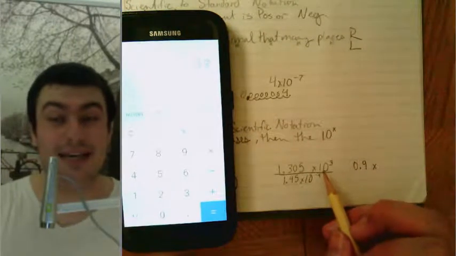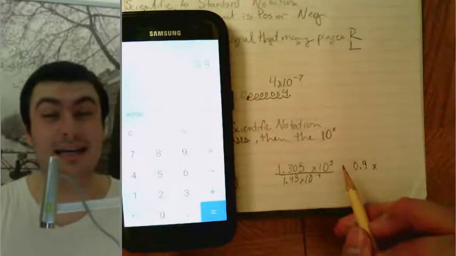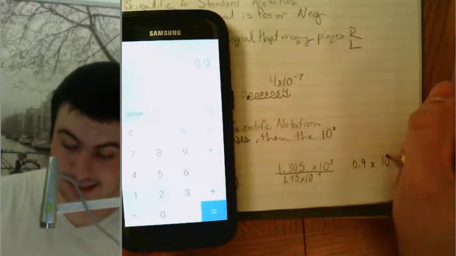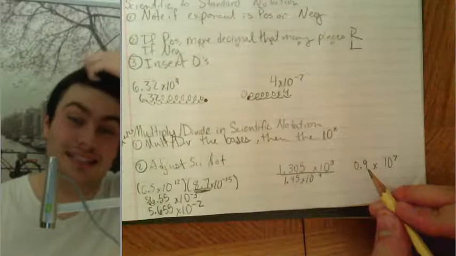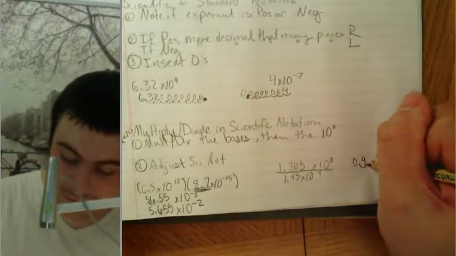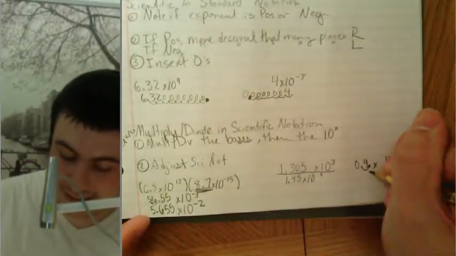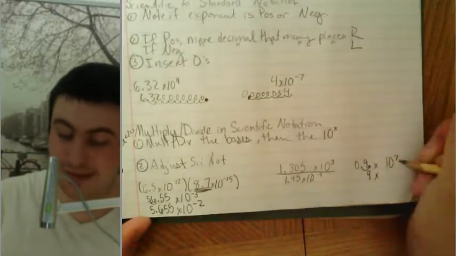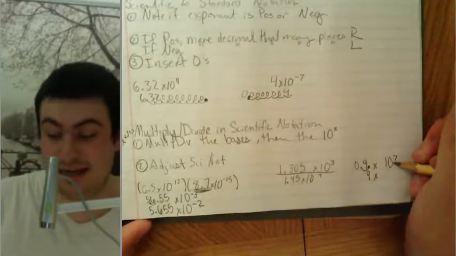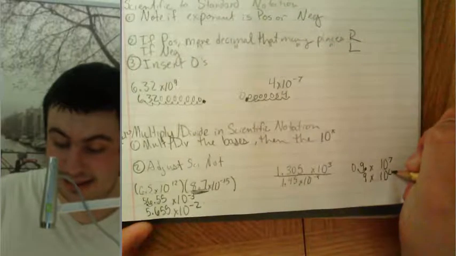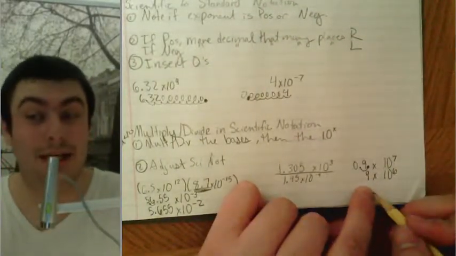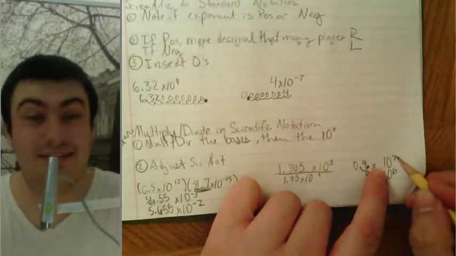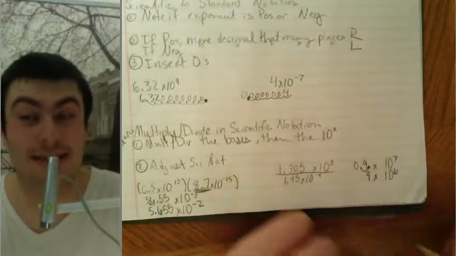We remember that's 10 to the third minus negative 4, which comes to 10 to the 7. But this isn't in scientific notation yet because this isn't between 1 and 10. So you have to move the decimal place 1 to the right to get 9, which means that we have to move this in a negative direction, so 10 to the 6th. Also think, we made this bigger, 0.9 to 9, so this 10 to the 7 is going to become smaller by going to 10 to the 6th.